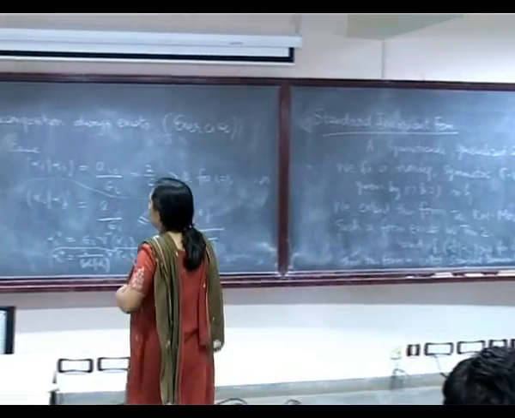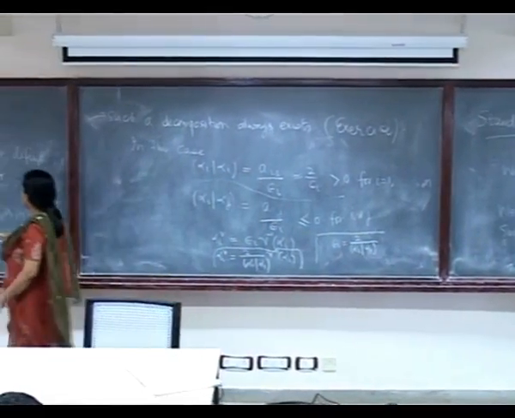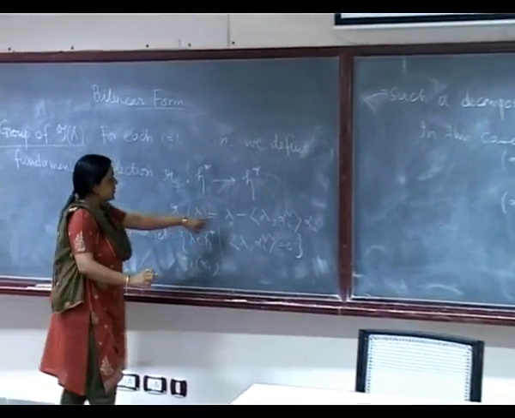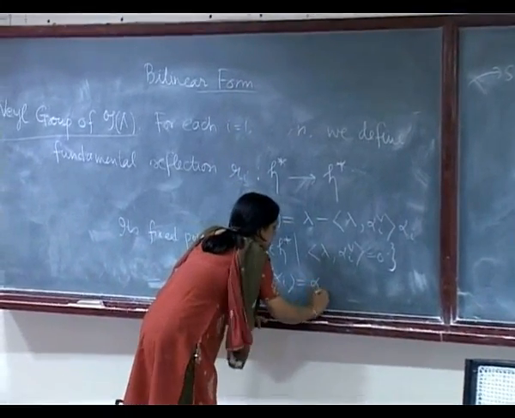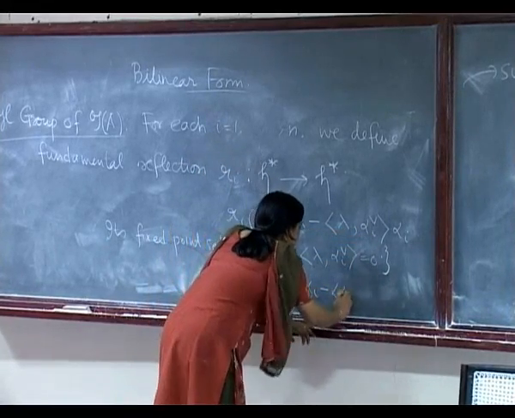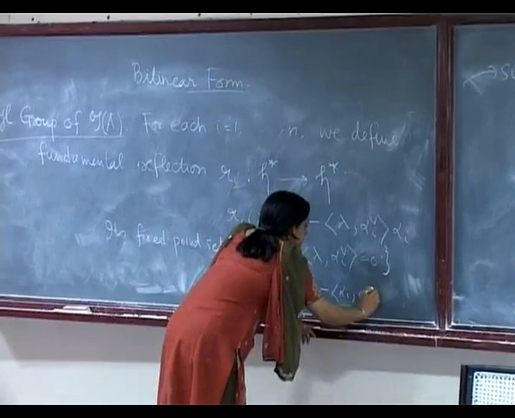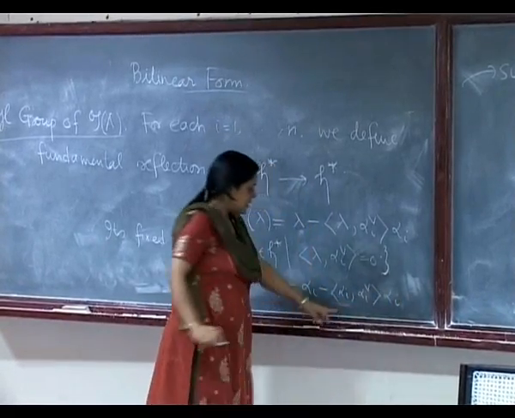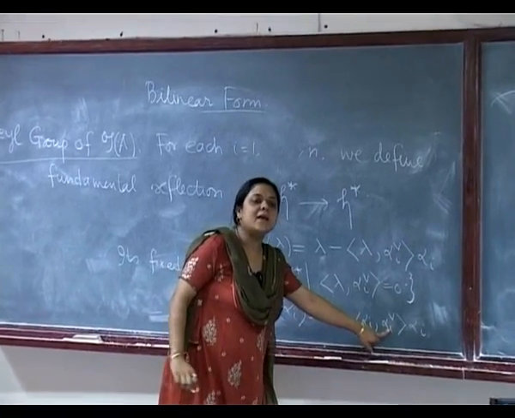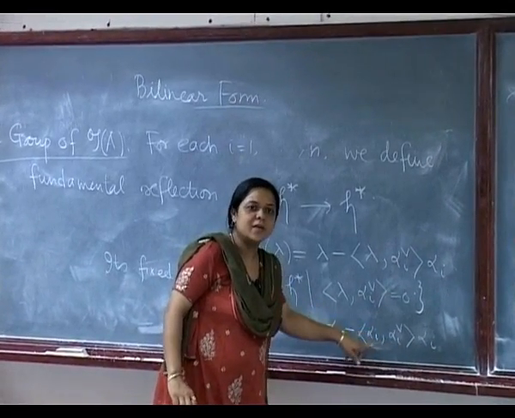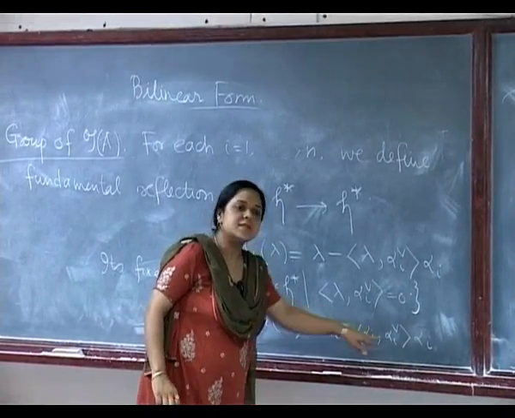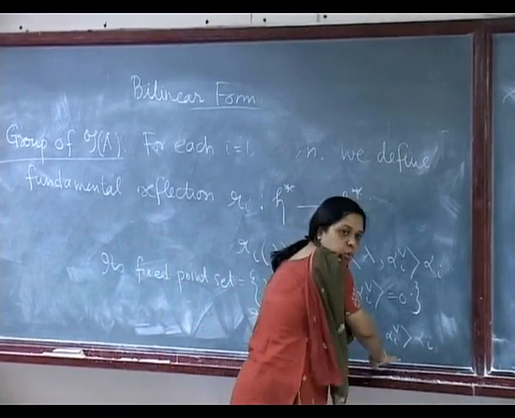So we can check this Ri of alpha I. You write here alpha I, alpha I check of alpha I. This is nothing but AII, you remember this, so that is 2.